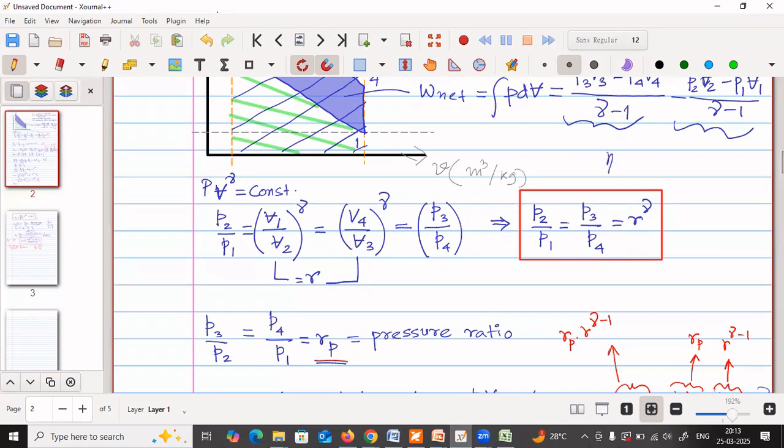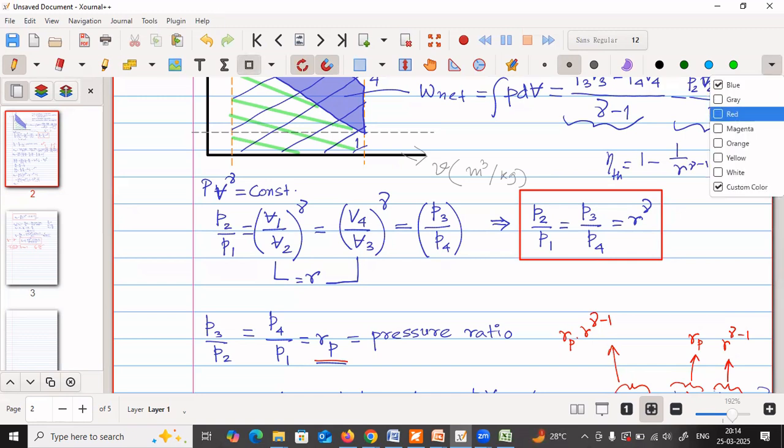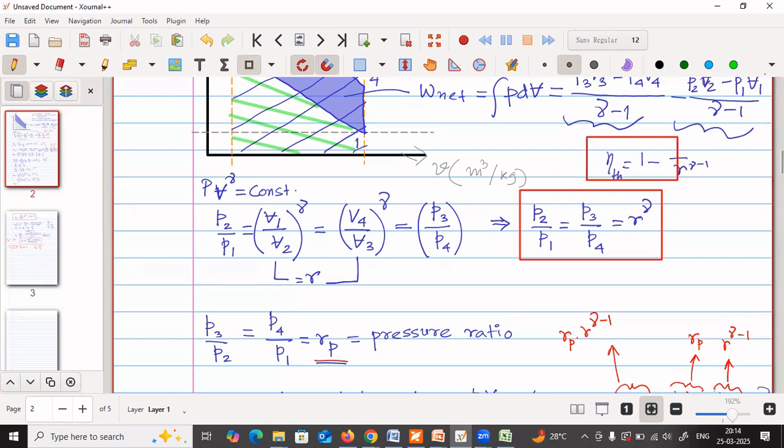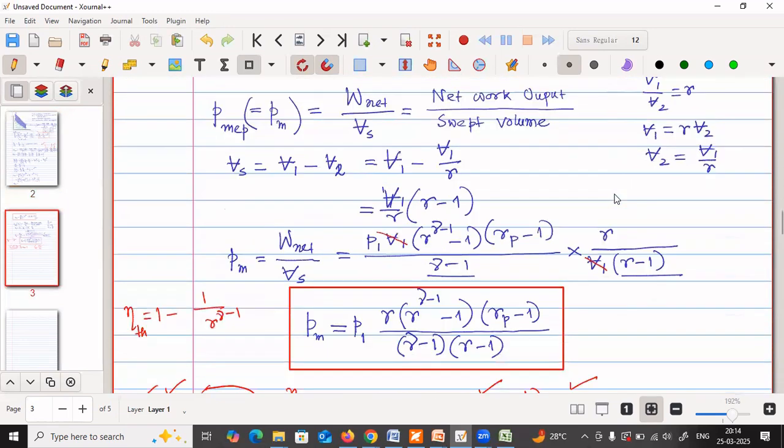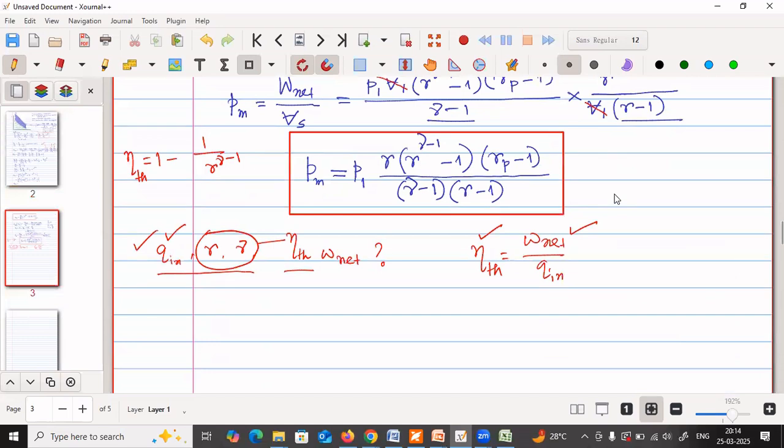Thermal efficiency is equal to 1 minus 1 by r to the power gamma minus 1. So this is thermal efficiency. Then we have calculated the work output, and then we have calculated the mean effective pressure. So these quantities can be determined this way.